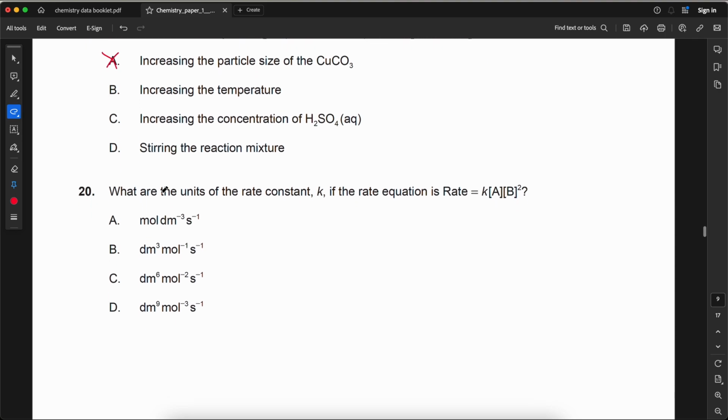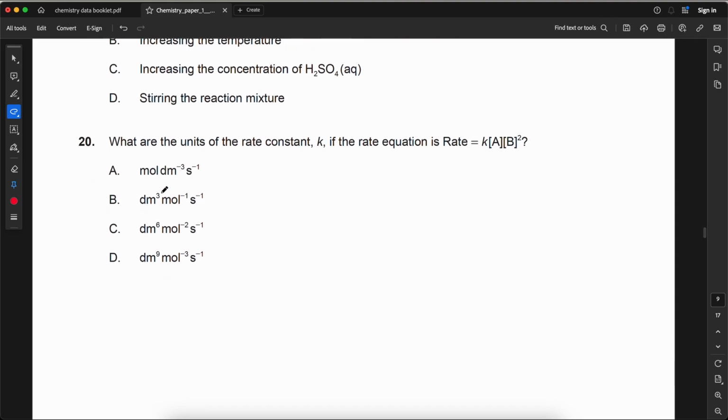What are the units of rate constant K if the rate equals K times concentration of A and concentration of B squared? So K will be rate divided by concentration of A and concentration of B squared.